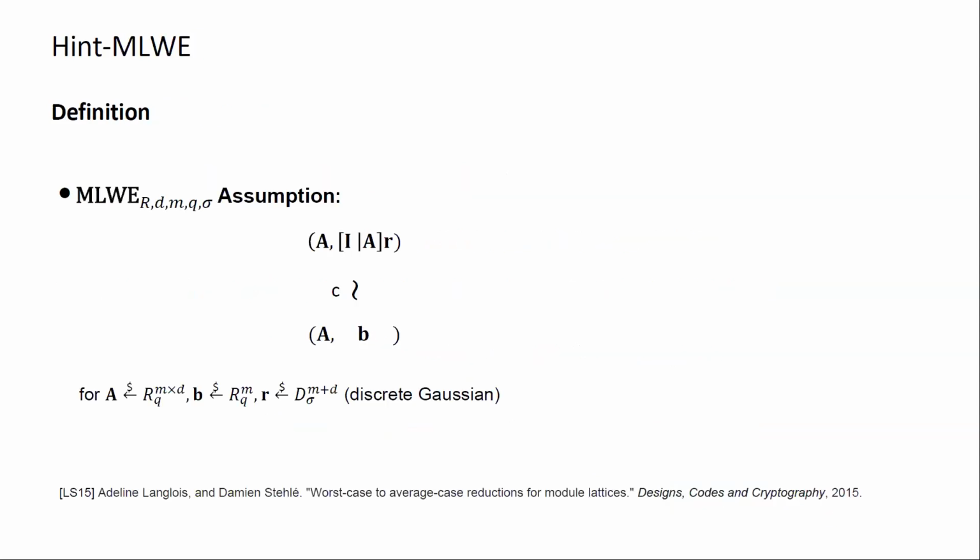So all these observations bring us from a very complicated ZKP problem into a very simple computational decision problem, which we call hint MLWE. The standard MLWE assumption implies that it is hard to distinguish the MLWE instance, which is of the form A, A times R, from random elements.